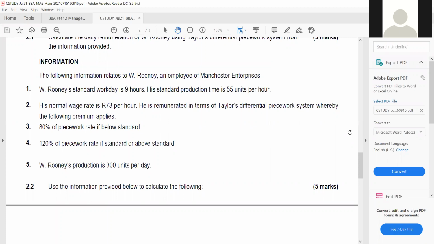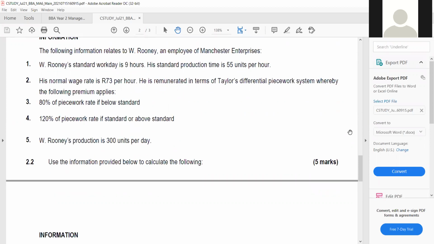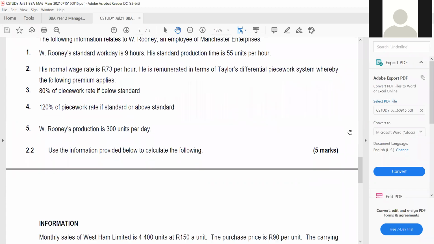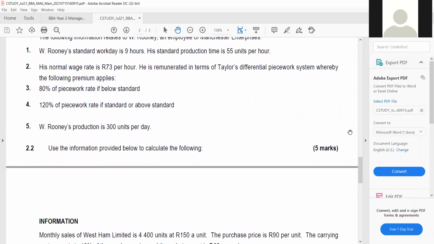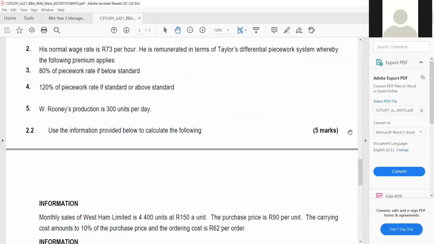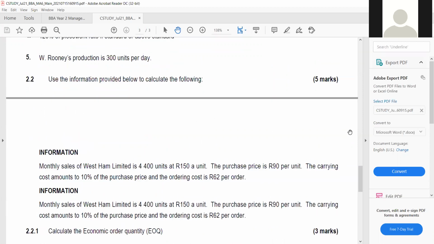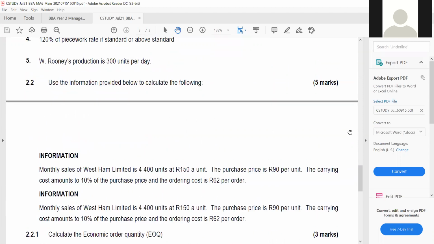He is remunerated in terms of Taylor's differential piecework system, whereby the following premiums apply: 80% of piecework rate if below standard, 120% of piecework rate if standard or above standard. When Rooney's production is 300 units per day, use the information provided below to calculate the following. The question ends here.